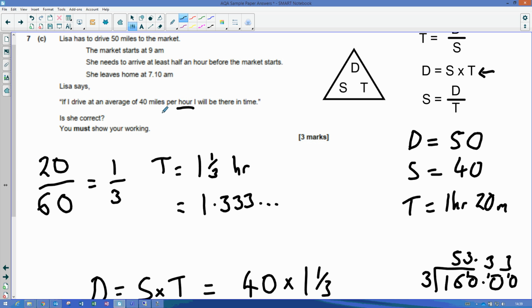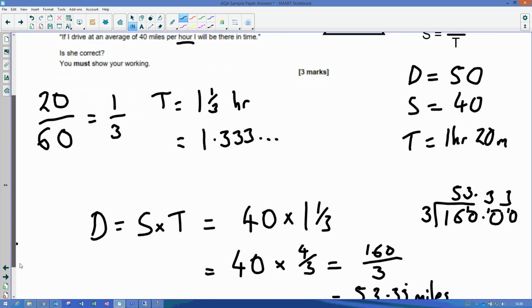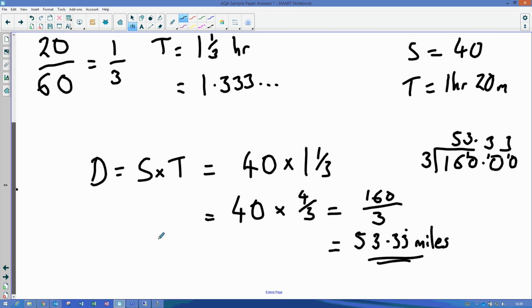Does that make her right or wrong? Well, she needs to travel 50 miles. She's got time to travel 53, so that's further than she needs to go. So that shows us that yes, Lisa is correct.